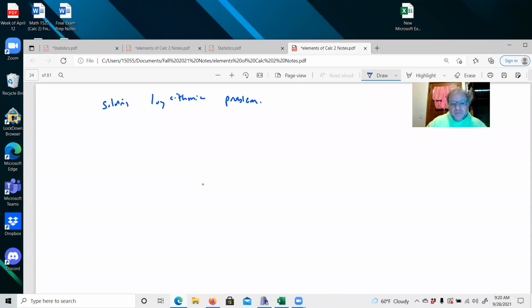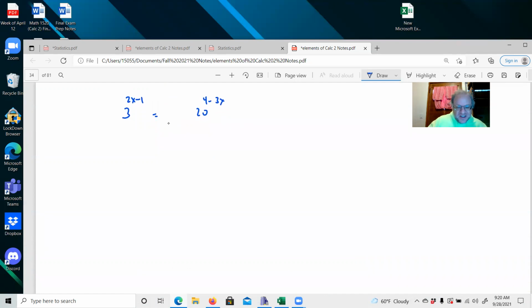There are 2 flavors. There's something like 3 to the 2x minus 1 is equal to, how about 20 to the 4 minus 3x. How do we do this? This is standard; if you took college algebra, they should have asked you a question like this. What we're going to do is take the log of both sides.